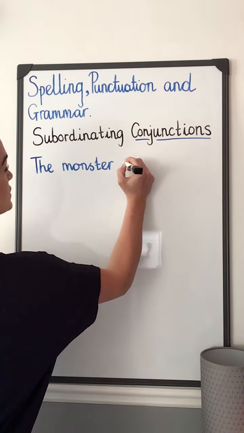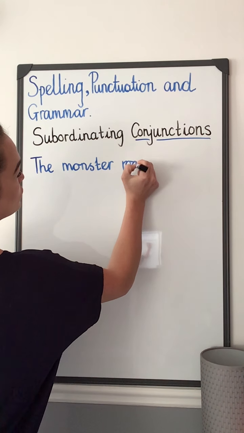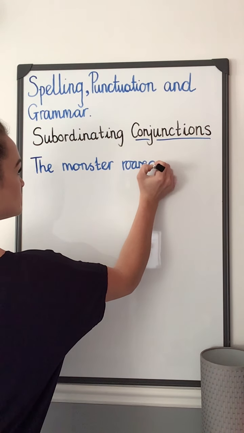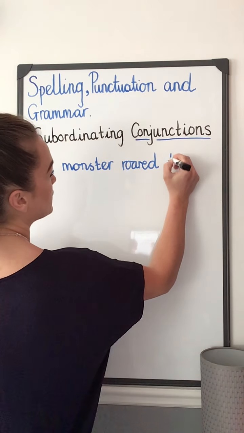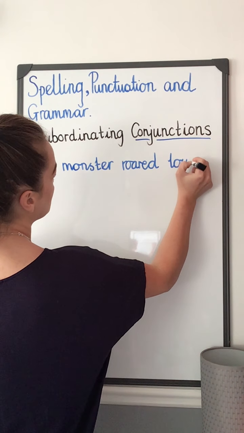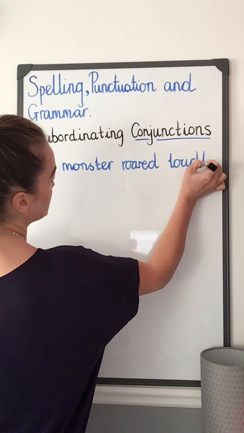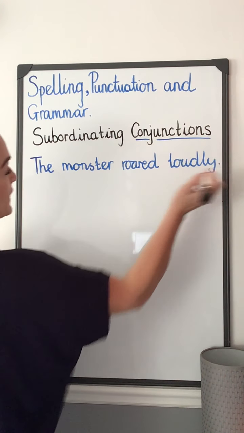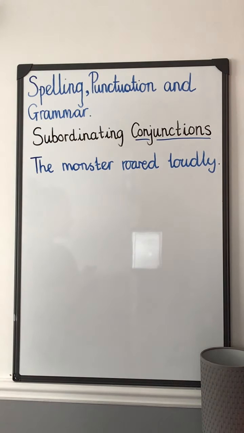So the monster roared loudly. Now you'll see some of our suffix words in here as well. So it's always good to keep your eye out for the things that we've learnt previously. So the monster roared loudly. This is our main clause.